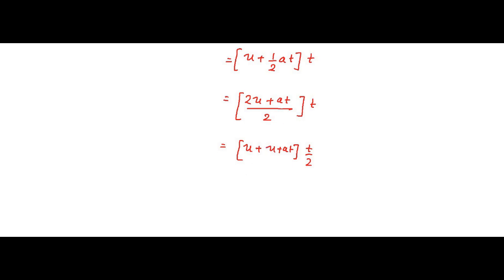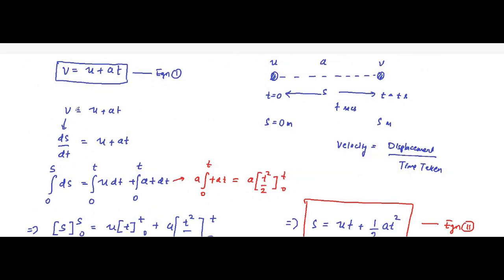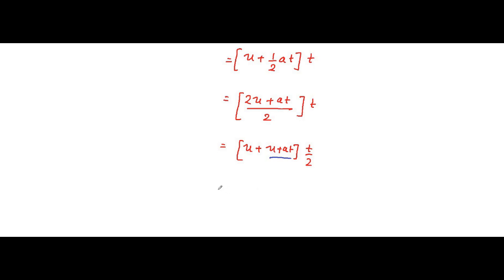If you focus on this u plus at, this is the first equation of motion, which is the final velocity v. So we can write it as u plus v into t by 2, replacing u plus at with v.